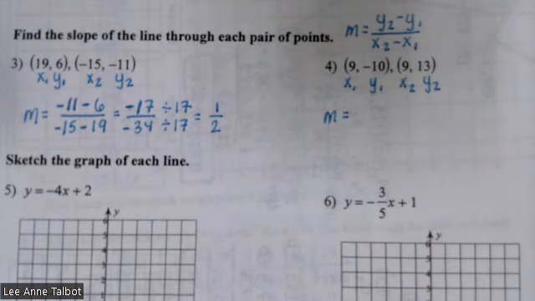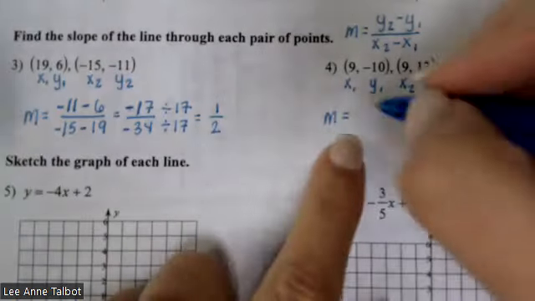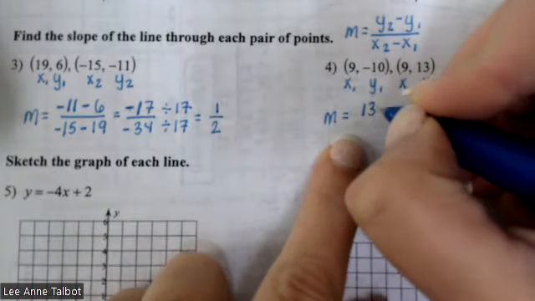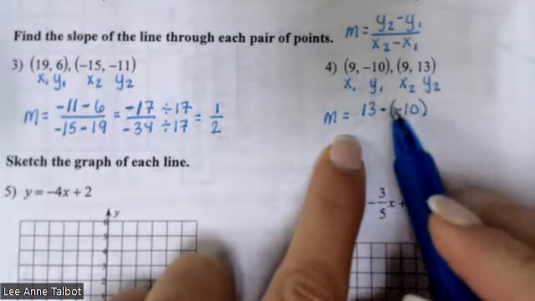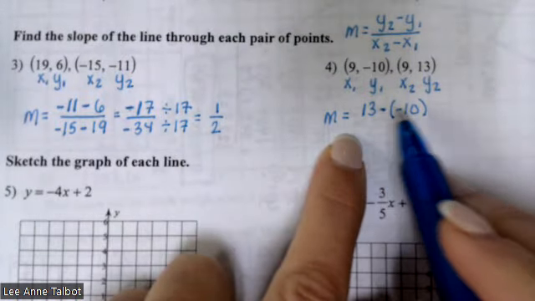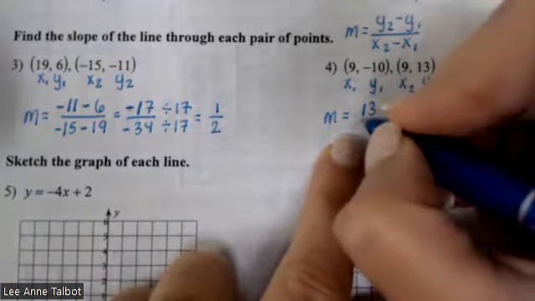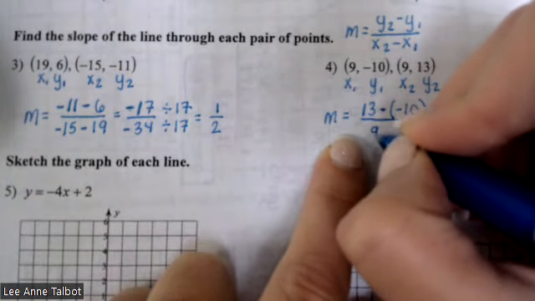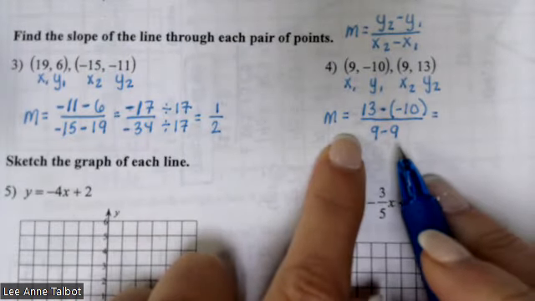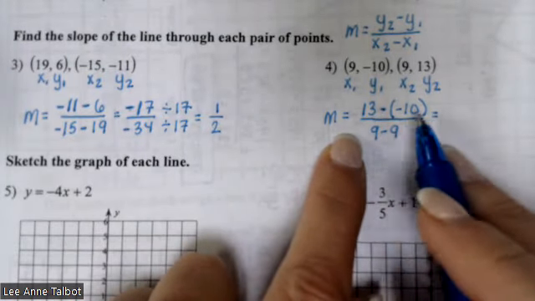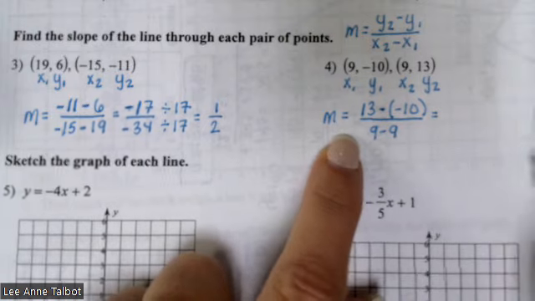Just say it. Okay. Y2 is 13 minus Y1. Make sure that you're really careful here. 13 minus negative 10. X2 minus X1. We don't even really need to do the top, but what do I do when it's minus a negative?